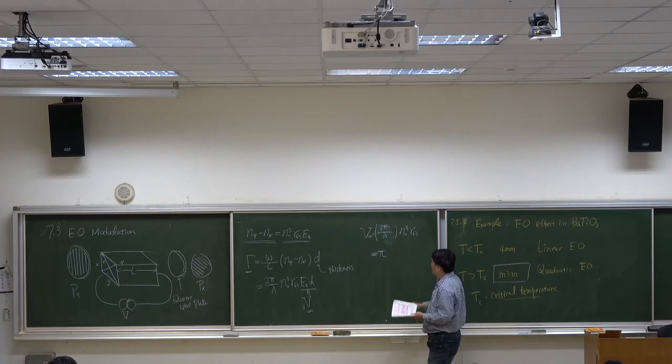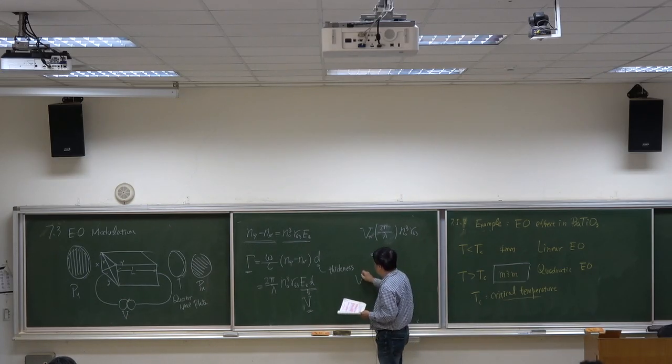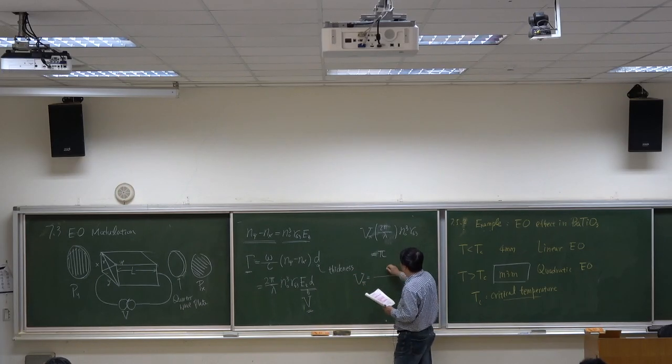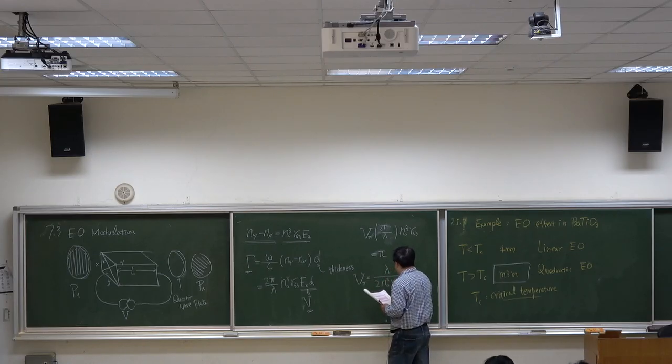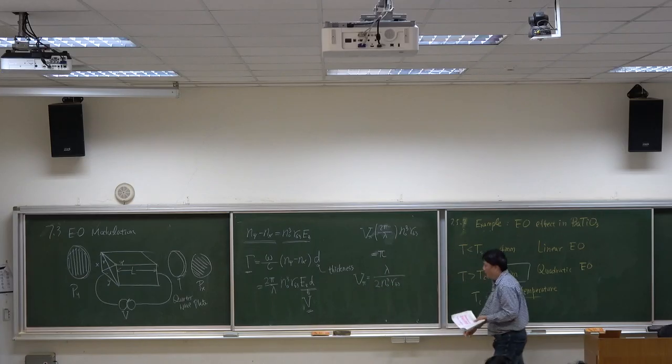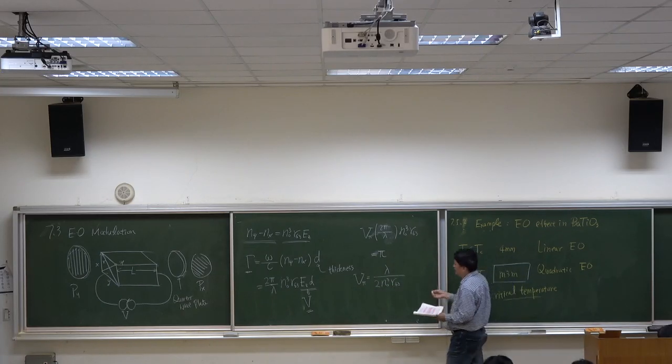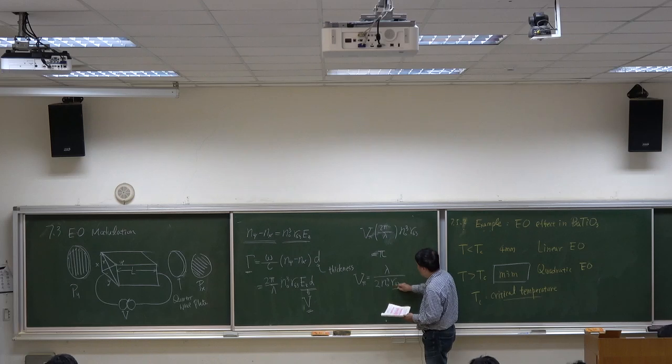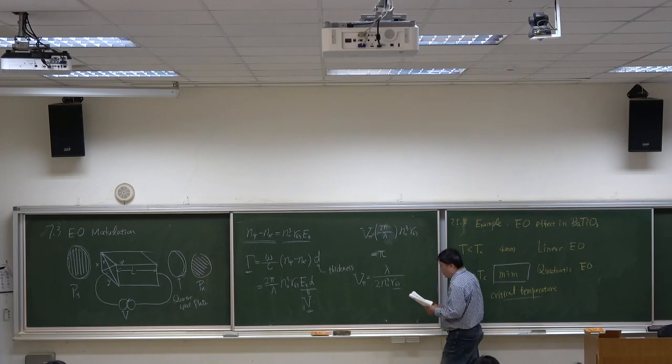Okay, and according to this, we can calculate V pi is given by lambda over 2 n_o cubed r63. And then you can use the value of n_o and r63 and the lambda to calculate.